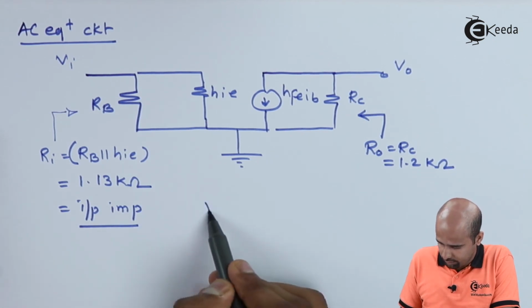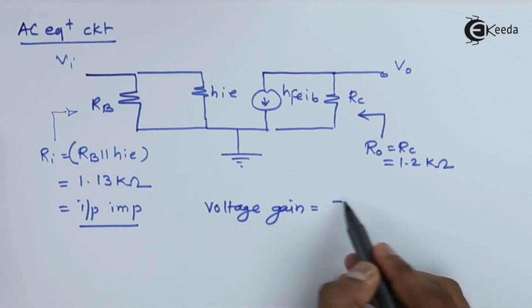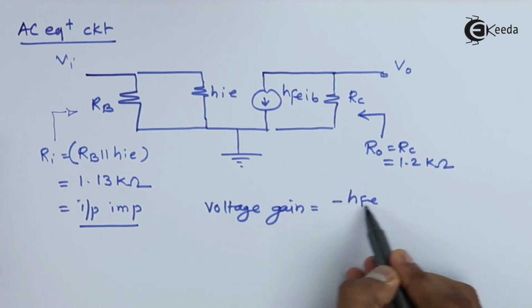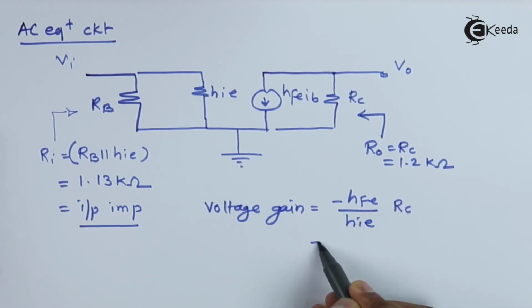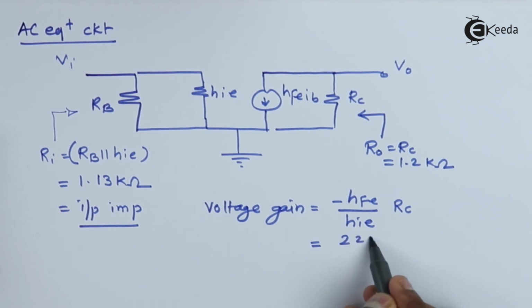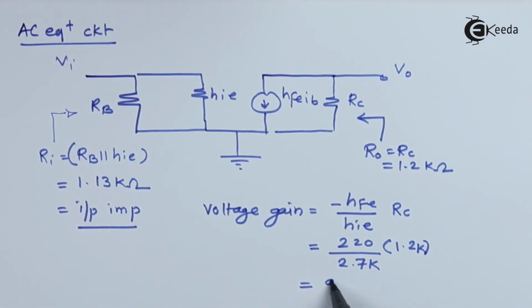And voltage gain is equal to minus HFE upon HIE multiplied by RC. HFE is equal to 220, HIE is equal to 2.7 kilo ohm, and this RC is 1.2 kilo ohm. This is coming out to be 97.77 with a negative sign.